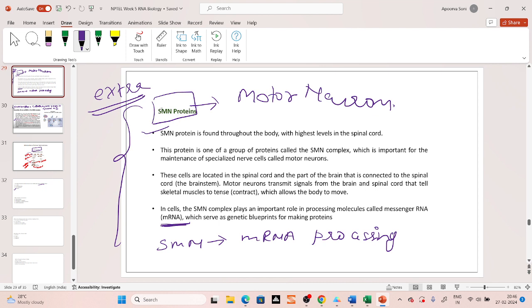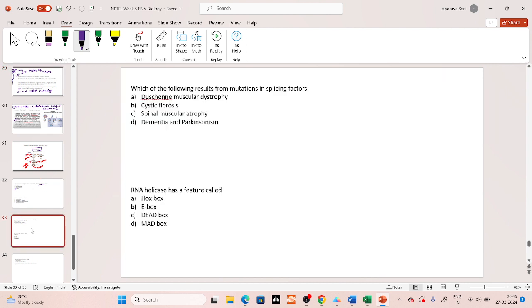We have studied about SMN proteins, and that these SMN proteins, which are required for the assembly of the snRNPs, are important in the spinal cord. They are present in the spinal cord, and they are required for the maintenance of motor neurons. In that regard, I have given you a very big hint now.